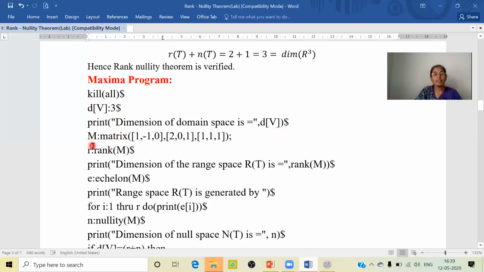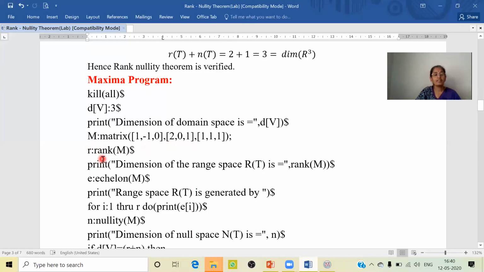And let us put the matrix as M. M is equal to matrix, here equal to is colon. Put in the small brackets. Each row will once again be typed within the square brackets: [1, -1, 0], [2, 0, 1], and [1, 1, 1]. Now let us find the rank of this matrix M using the command rank.